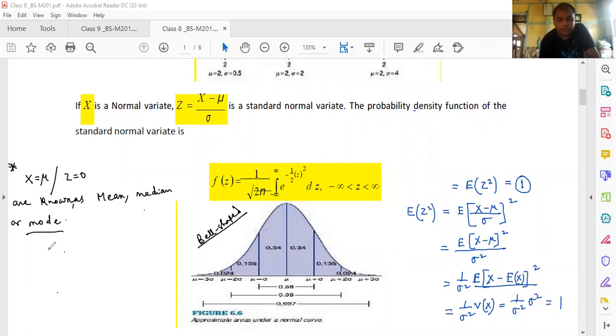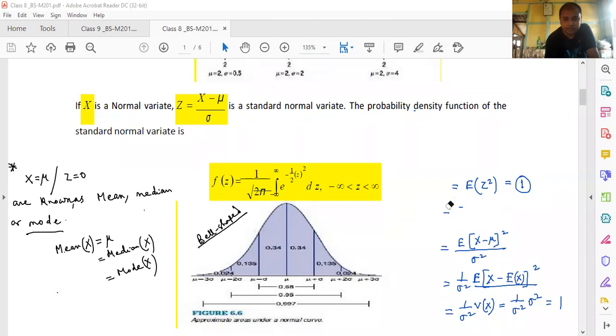So remember this point. We can call mu the mean of x, or median of x, or mode of x. Mean, median, mode of the normal distribution coincide at a single point. This particular point is very important. You just note it down in your copy.